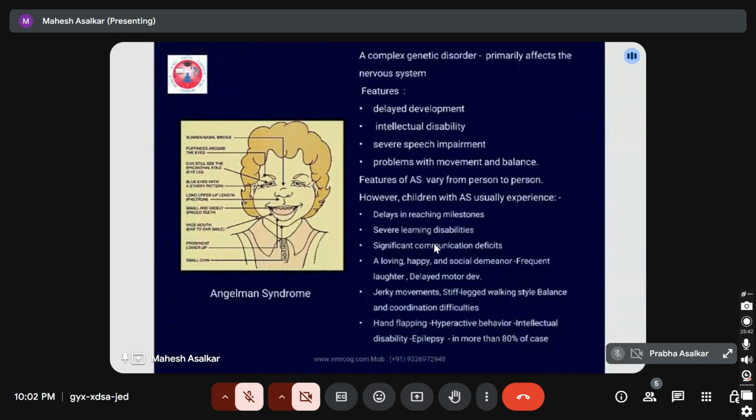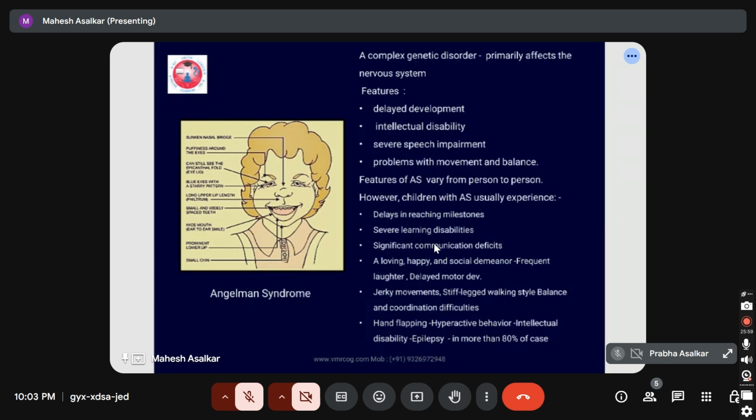So this is the Angelman syndrome. A complex genetic disorder that primarily affects the nervous system. There is delayed development, intellectual disability, severe speech impairment, problems with movement and balance. Features of Angelman syndrome vary from person to person.